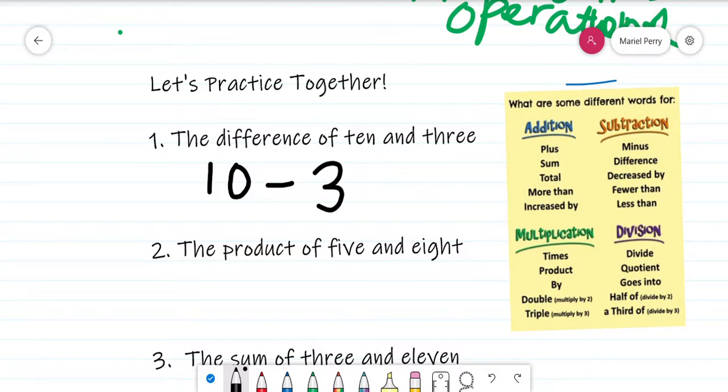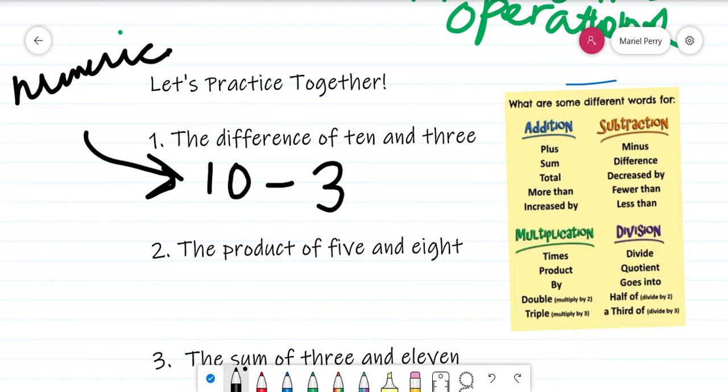The difference of 10 and 3 can be written as this numerical expression, 10 minus 3. This, my friends, this is our numerical expression.